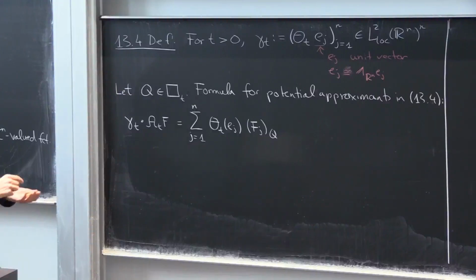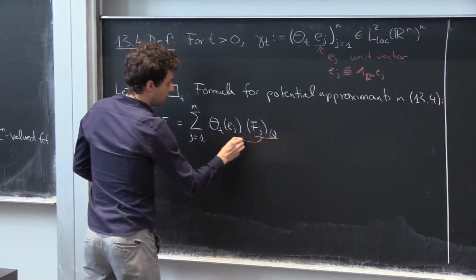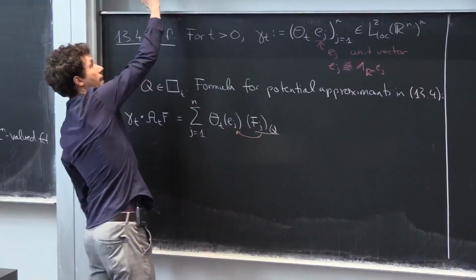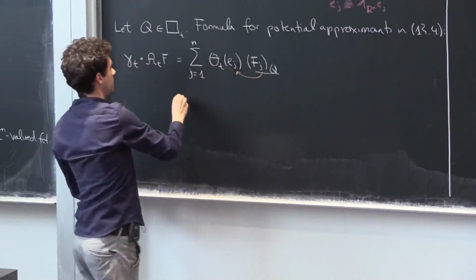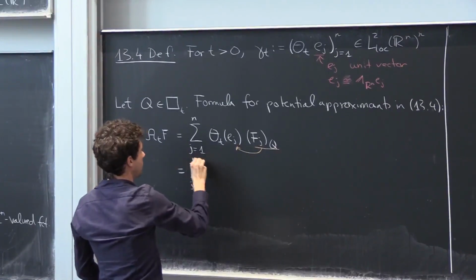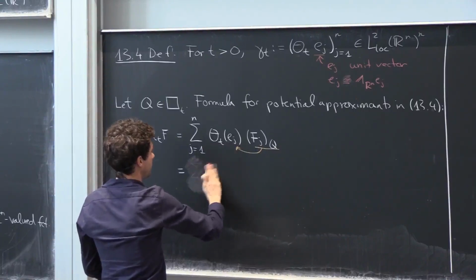That's the definition, component-wise. Now this is a number, and so I can put it inside of this linear operator, and then I see that this is the same as writing the sum over j equal 1 to n of theta t.